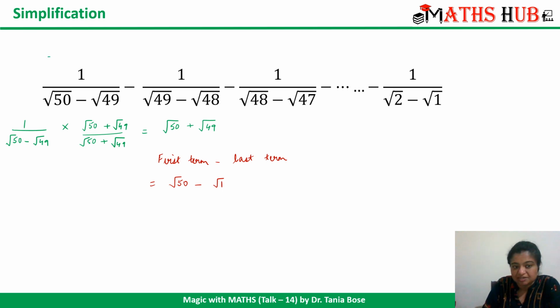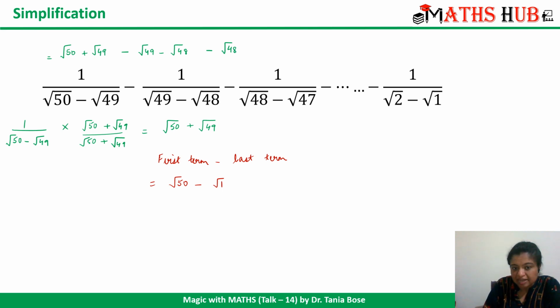So this term is basically root 50 plus root 49. Then the next term would be minus root 49 minus root 48, isn't it? Then the next term would be minus root 48.